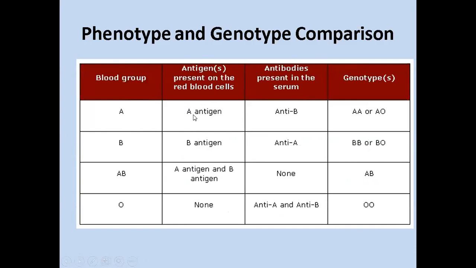So you have A antigen, you have anti-B. B antigen, anti-A. AB, both antigens, no antibodies. O, no antigens, both antibodies. And then possible genotypes, which we talked about previously. So just remember with type A and B, there can be more than one choice. They can be either homozygous or heterozygous. When we look at AB and O, there's only really one choice.